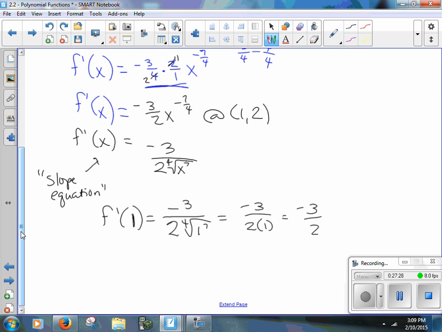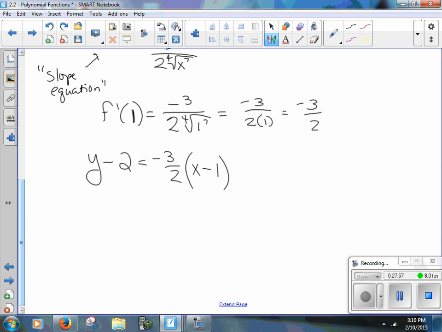What's the equation going to be? The tangent: y minus 2 equals negative 3/2 times x minus 1. 1 and not 2, because it's an x. You had a brain fart. Okay.